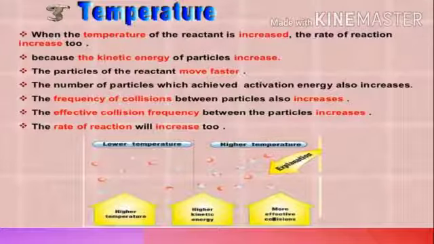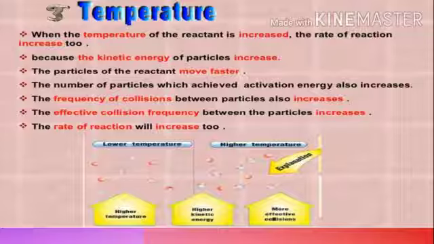Next one is temperature. Temperature has a marked effect on the rate of a chemical reaction. The rate of reaction increases with increase of temperature. In most of the cases, the rate of reaction becomes nearly double for a 10-degree rise of temperature.